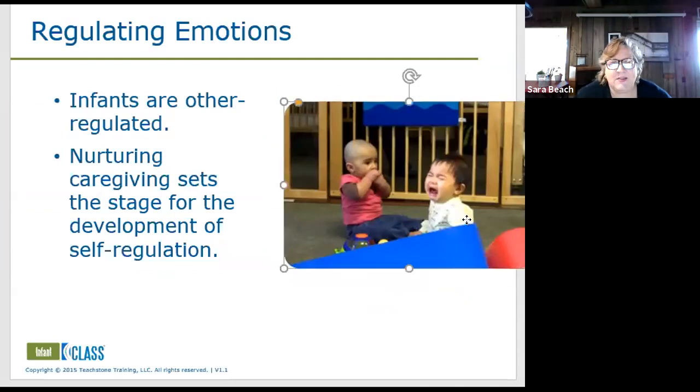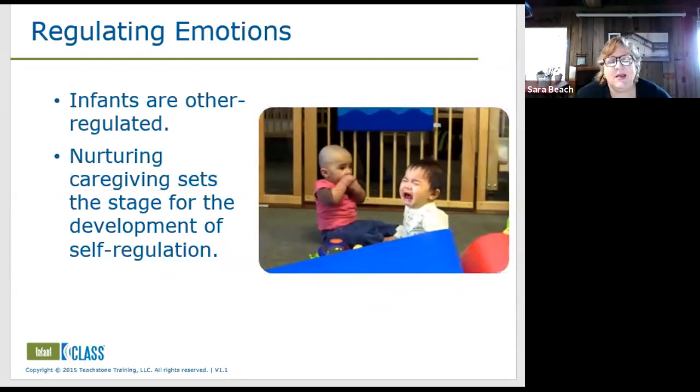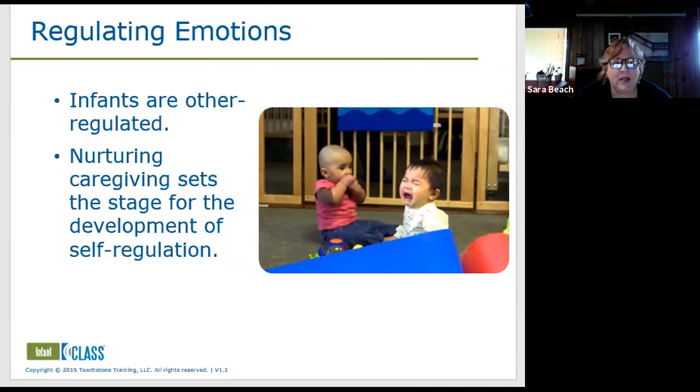Babies at this age have difficulty regulating emotions. They can't regulate their own emotional states, right? They don't typically know how to self-soothe. They're learning gradually through experience how to find their thumb, or how to roll over, or how to rock themselves.